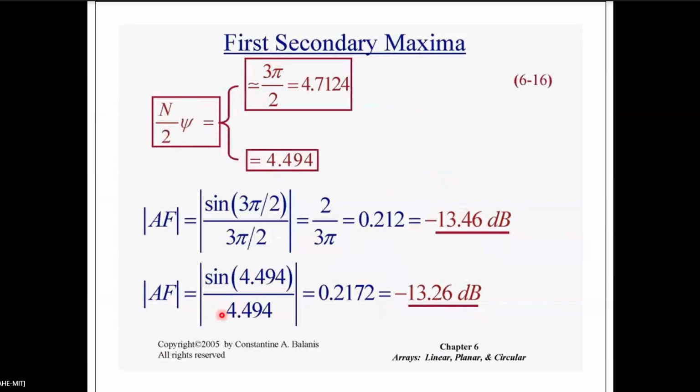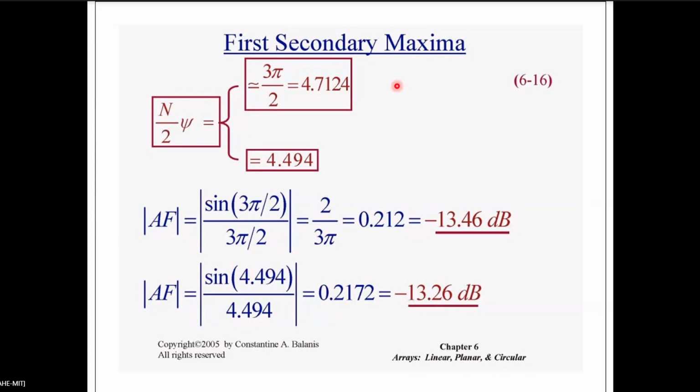So what is the first side lobe level? How much down is it compared to the main maxima? You see here, when you put s equal to 1, you get this. So 0.212 is minus 13.46 dB below the maxima. The maxima is at normalized array factor equal to 1.